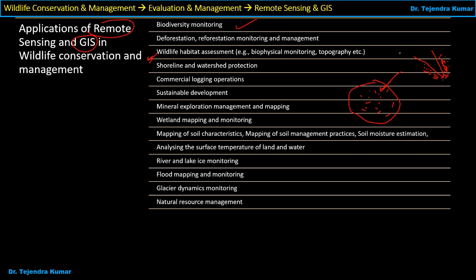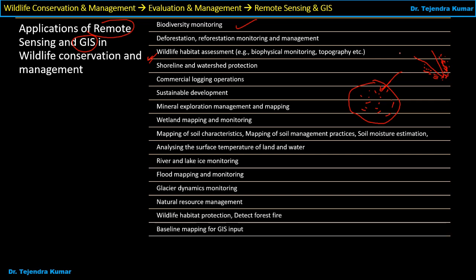Natural resource management, as I told you in case of mineral exploration. Wildlife habitat protection and detecting forest fires can also be done. Baseline mapping of the GIS input, because as I told you, remote sensing is providing the baseline data for the GIS. So that's why.